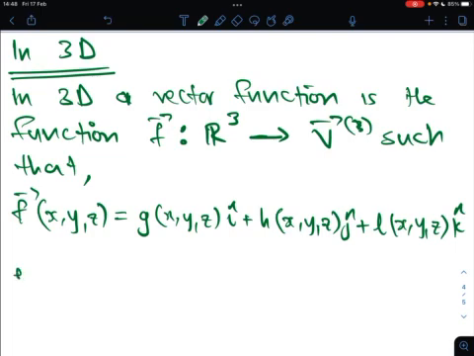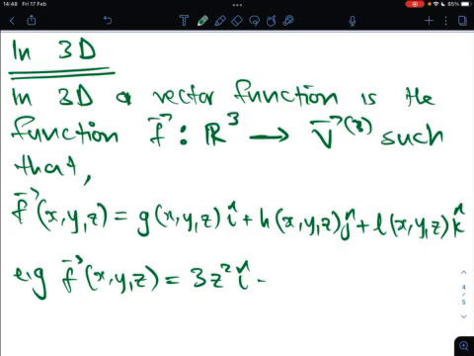An example of such a vector function is the function f(x,y,z), which is defined as 3z squared i minus 4xy j plus (5z minus 1) k. So that's what a vector function in 3D space is.